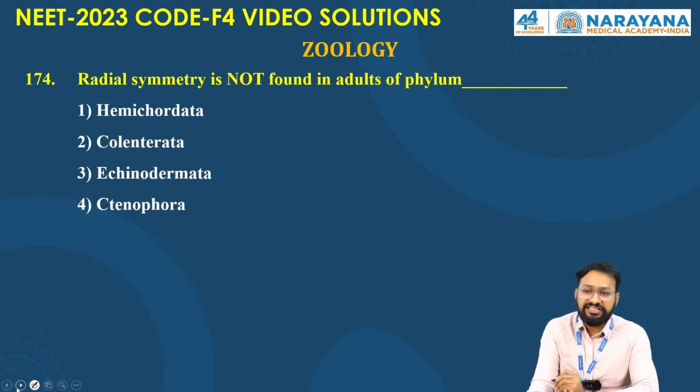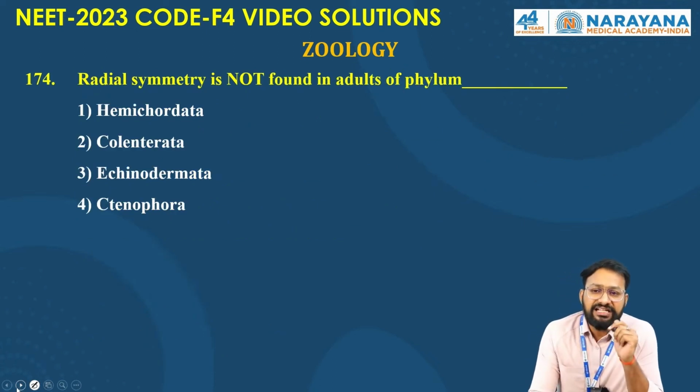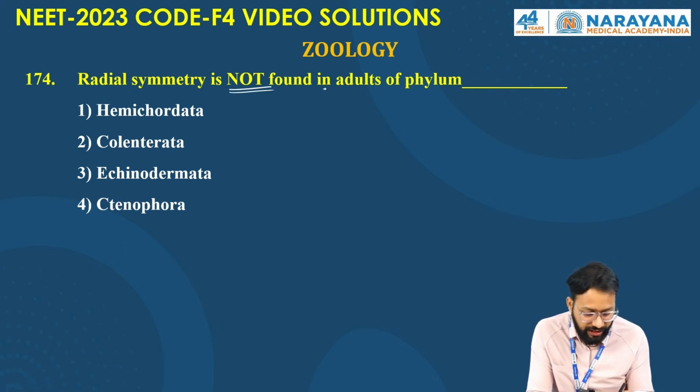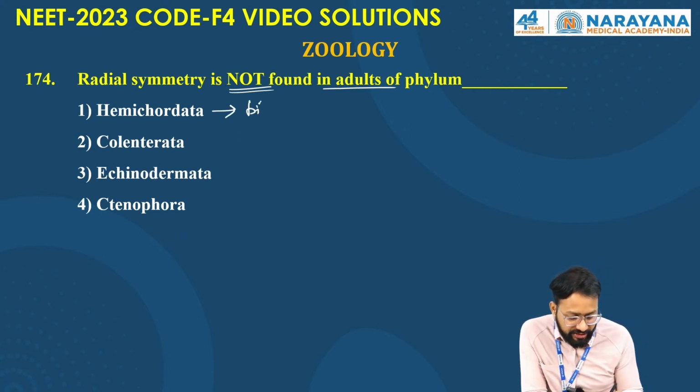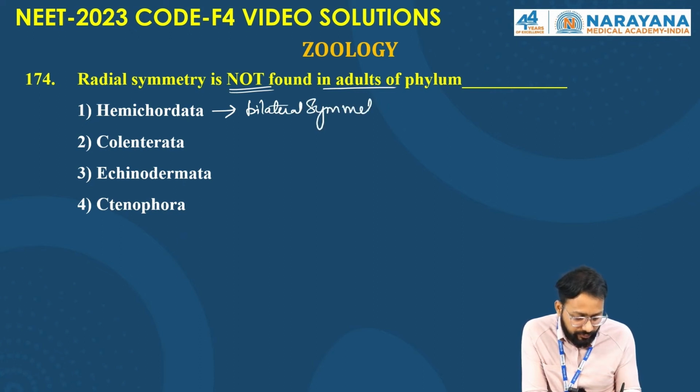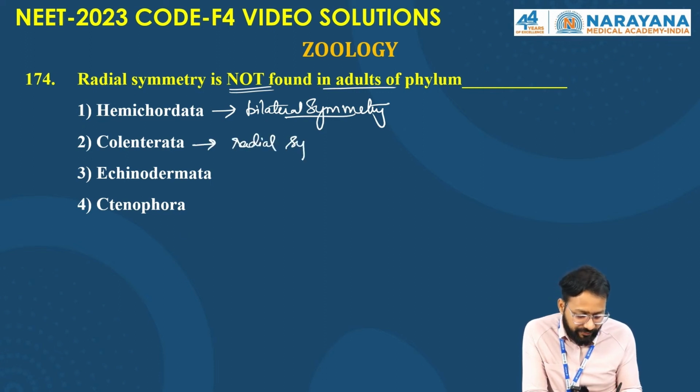Question number 174. Radial symmetry is not found in adults of which phylum? Hemichordata in adults has bilateral symmetry. Coelenterata in adults has radial symmetry.